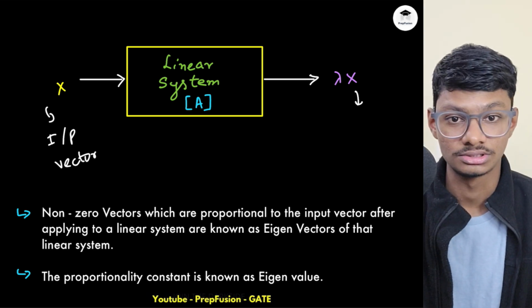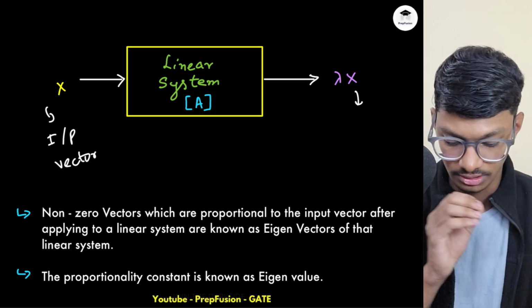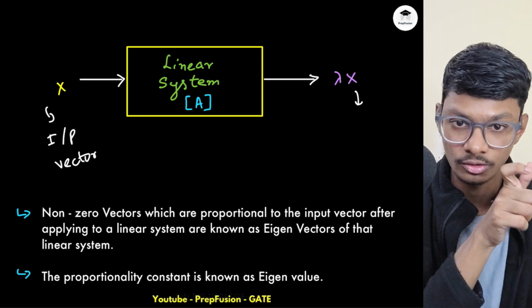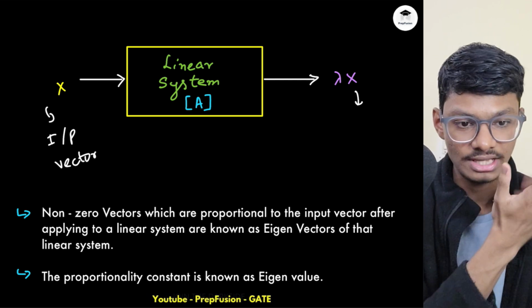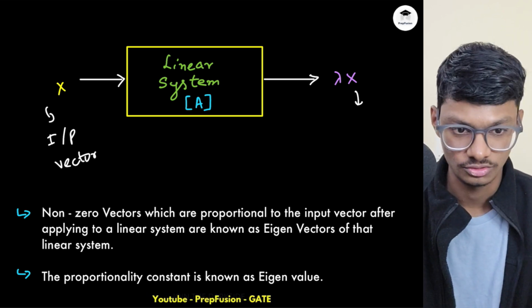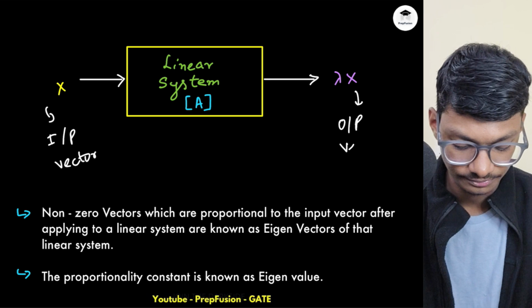Now in signals and systems, if you give it a sinusoid input, you get a sinusoid output of the same frequency, but the phase and magnitude change. Basically it gets scaled. So here also phase and magnitude change. So this is the output vector.